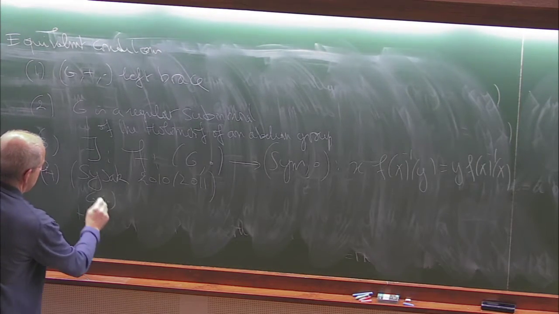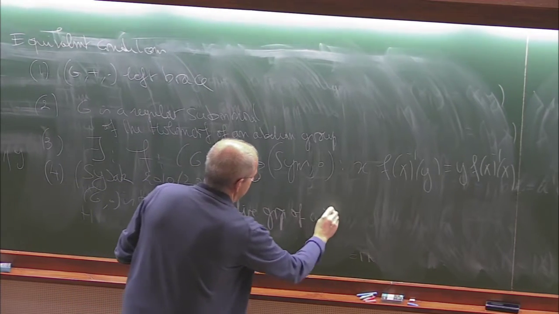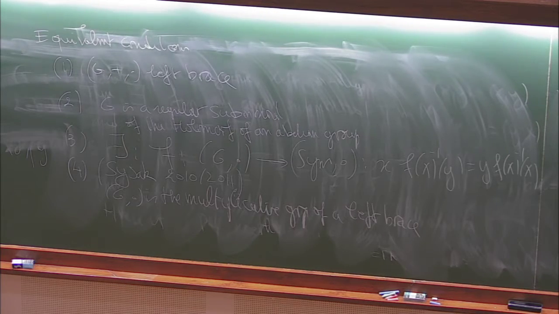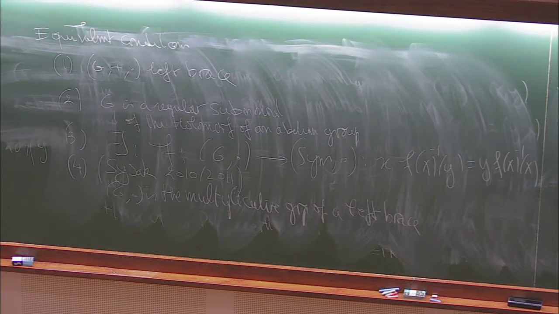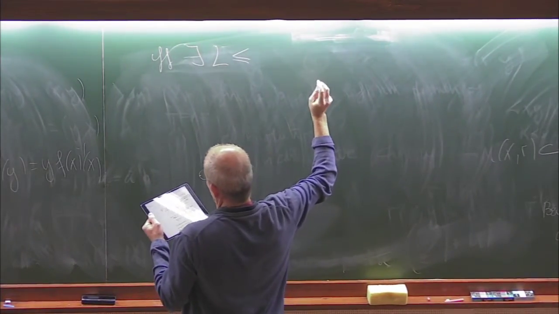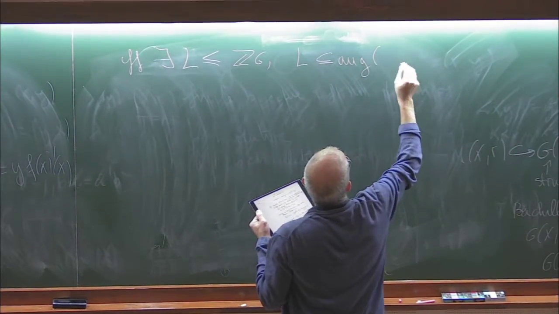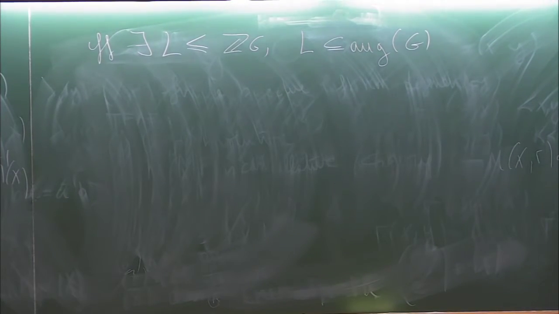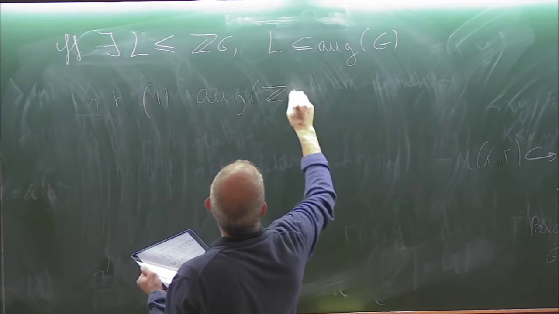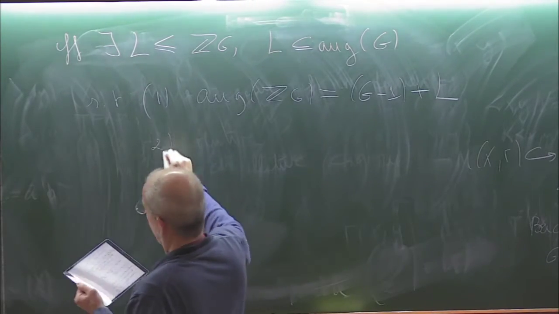So G with the dot is the multiplicative group of a left brace if and only if there exists a left ideal L of ZG, the left ideal has to live in the augmentation ideal of G. I use Engel's notation, which I do not like, but it's the augmentation ideal of G, such that, first of all, the augmentation ideal of ZG is equal to (G minus 1) plus L, a sum of two sets, and second, the intersection is trivial.